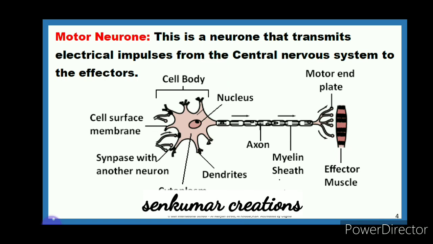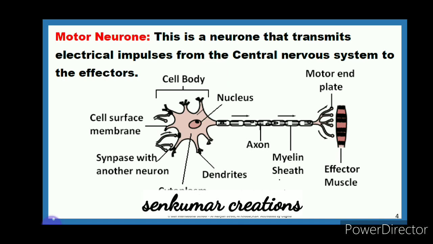And you can see the elongated part from the cell body called the axon. The axon is covered by the myelin sheath. The myelin sheath is the insulation. In a wire you can see the outside plastic coating, right? Inside that the copper wire is there. So the copper wire is like the axon here, and that plastic coat is the myelin sheath here, and the motor end plate joins with the effector muscles. Effectors means muscles.